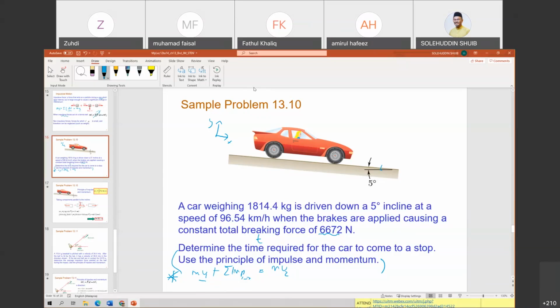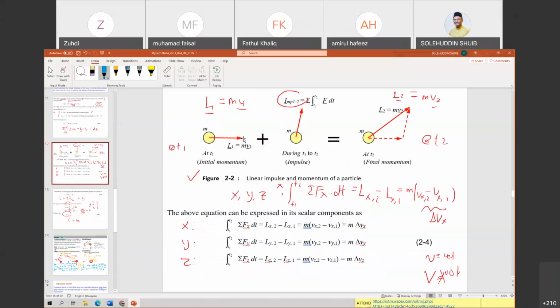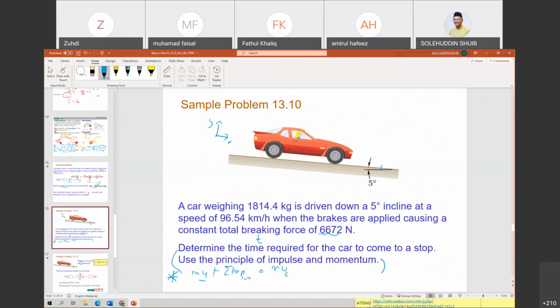First thing you have to draw the diagram that we have used before. You need to know the initial, the impulse, and then the final. We have initial mv1 going down.